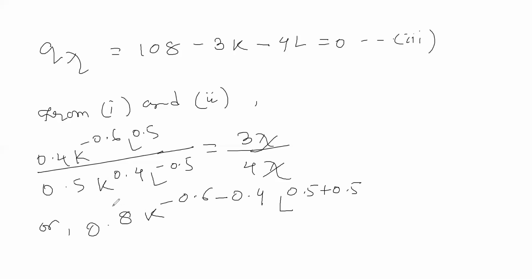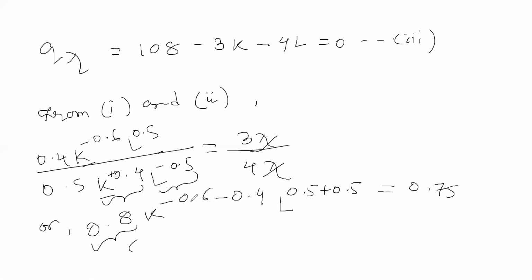So see what I have done? I have taken these parts above. As K, the base, is common, I have just added or subtracted the powers. It was a positive power, so as it has gone up, it has become negative. And this one was a negative power, as it has gone up, it has become positive, right? On the other hand side, we get 3 divided by 4 is 0.75. And how do we get this 0.8? By dividing 0.4 by 0.5, we get 0.8. I hope this is clear.